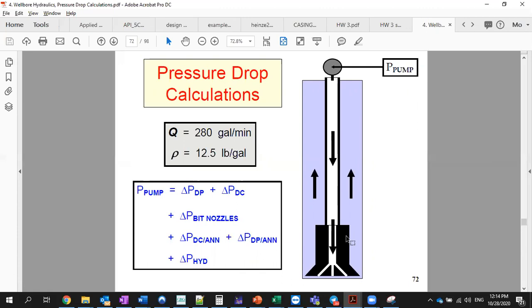All right. Any other questions? So besides the pump pressure, we also had the pressure at points. For example, I ask you to calculate the pressure at this point, right? What is the pressure at that point? Just pressure, right?